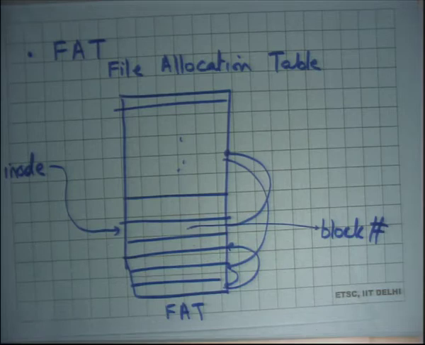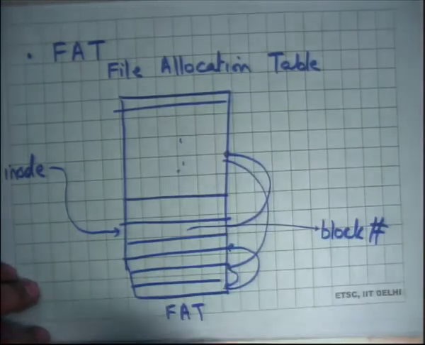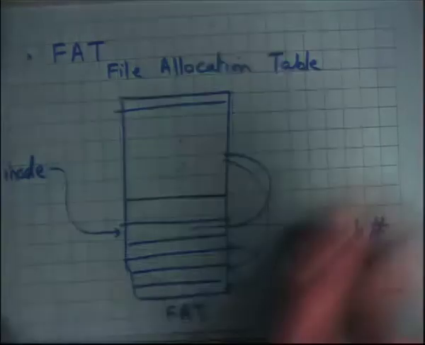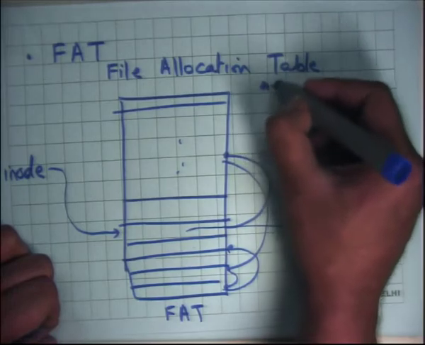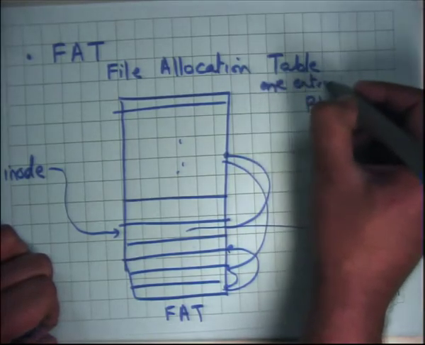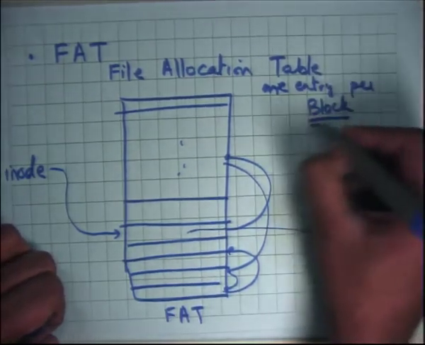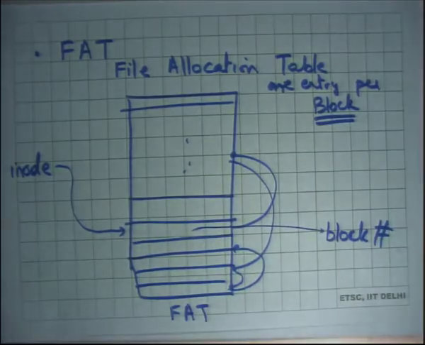Okay, so let's see how big this file needs to be. Well, for every block we'll have one entry. So what does a block mean? A block could mean one sector or some small multiple of sectors, so maybe 8 sectors or 16 sectors.